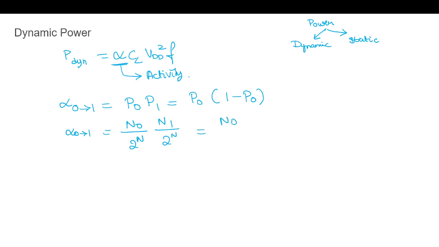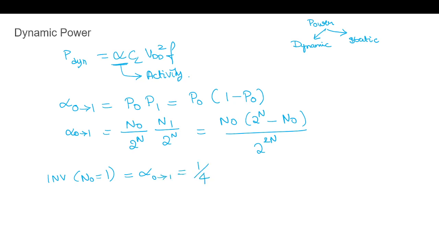So if we consider an inverter, one time the 0 occurs, so this activity factor is 1 by 4. Similarly for a 3-input NOR gate, the number of times 0 occurs is 7 from the truth table, so the alpha 0 to 1 transition is 7 by 64.